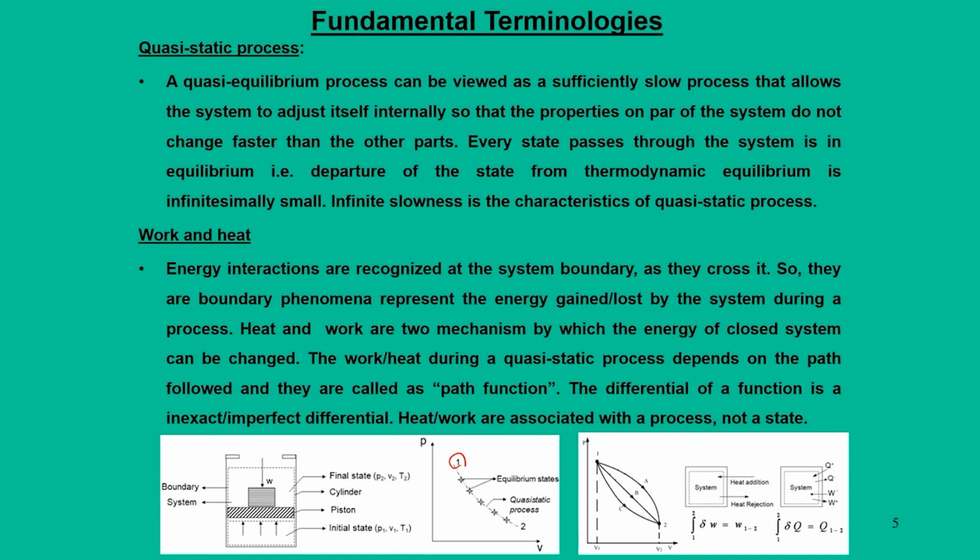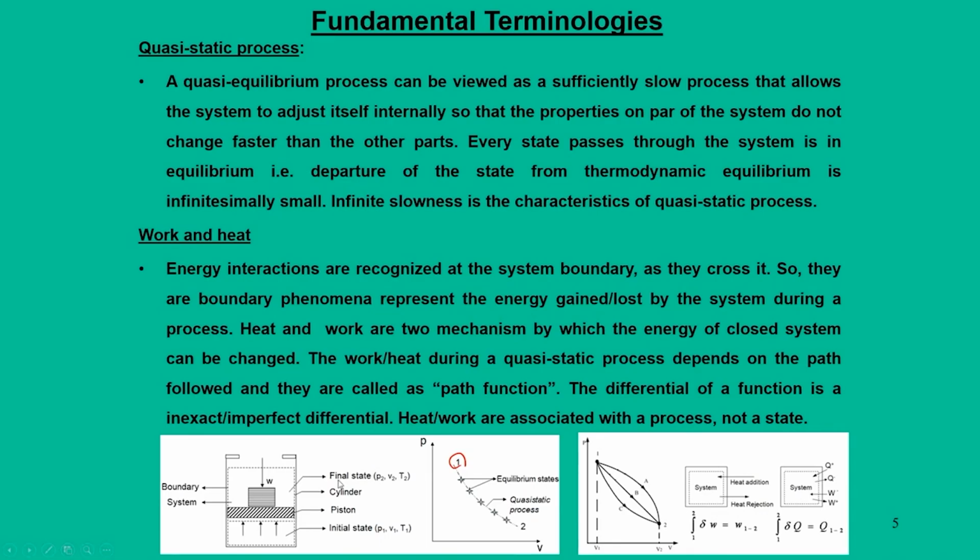Rather, what we can think of is that this particular weight can be imagined to be divided into small weights that constitute this W. That means we have n number of weights, and these n number of small masses combined give the total weight W. So, what we do is take them one by one.